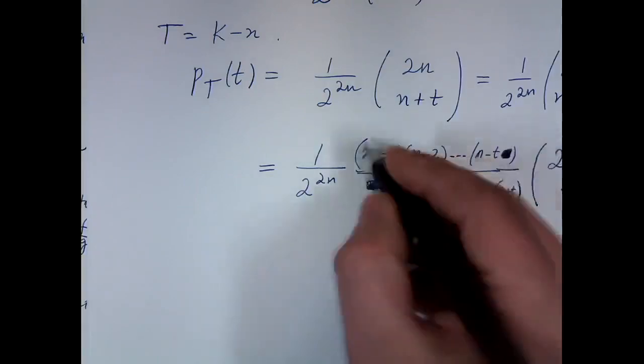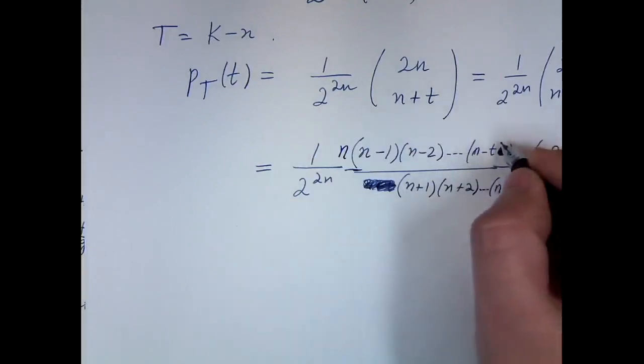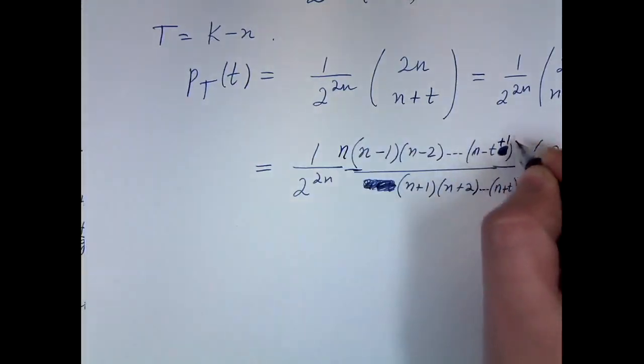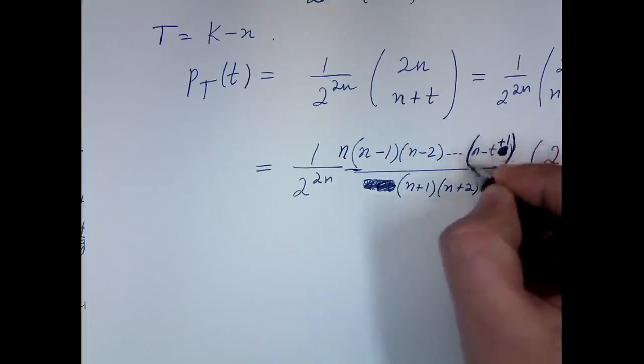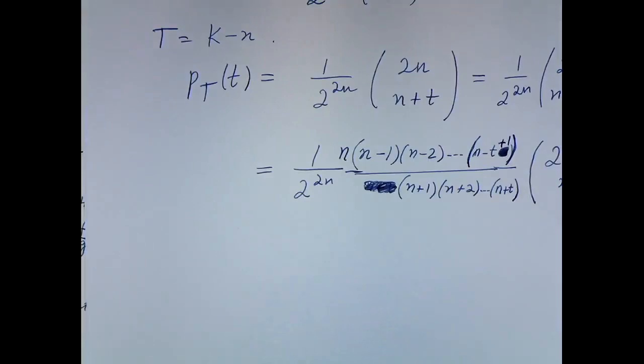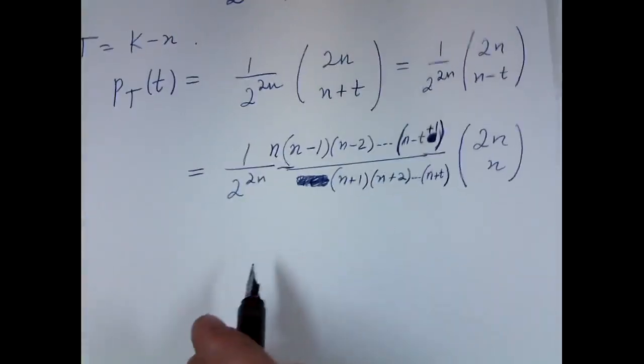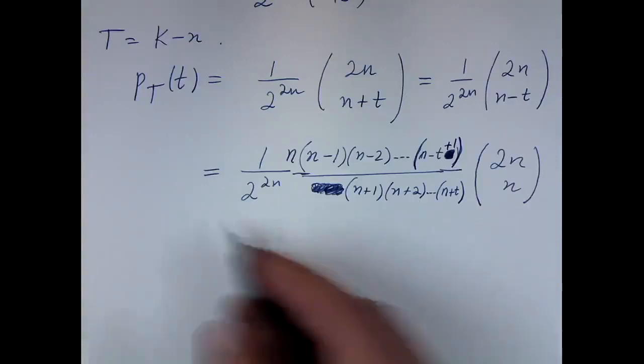I was correct the first time, so let's get the factors correct: n minus t plus 1. So that n is cancelling an n that was on the denominator. You can double check that that's right. But that is the formula for when you expand out the binomial coefficient.